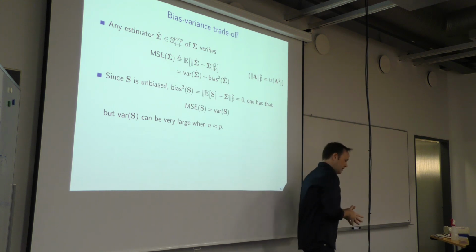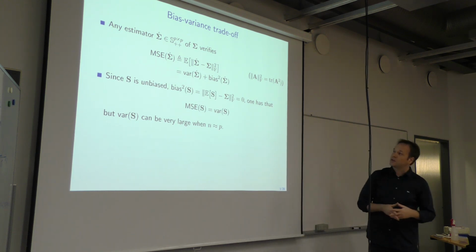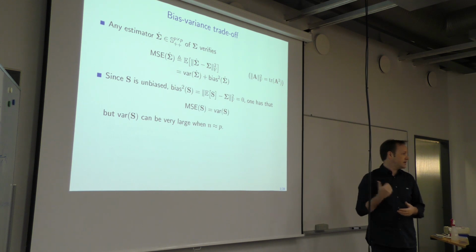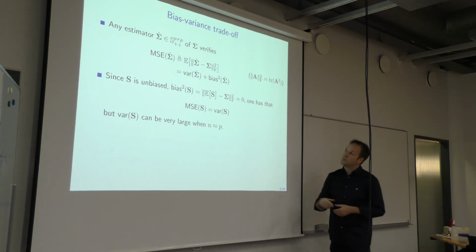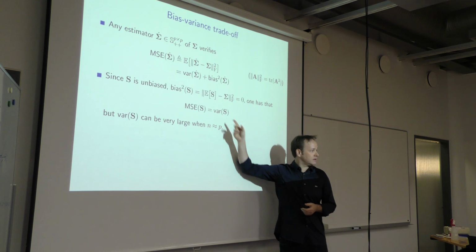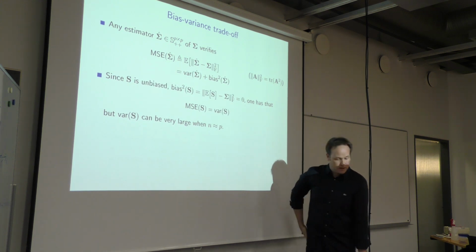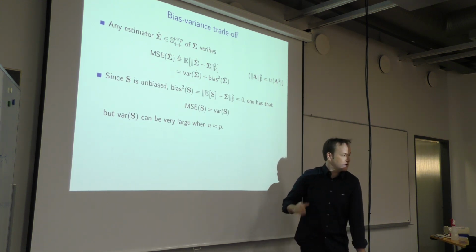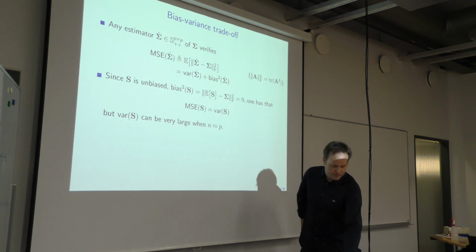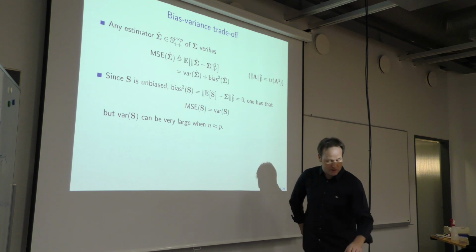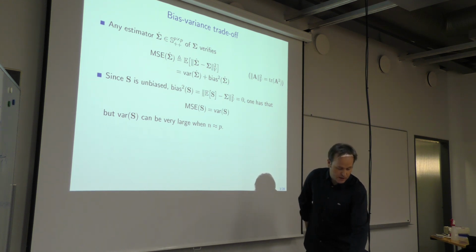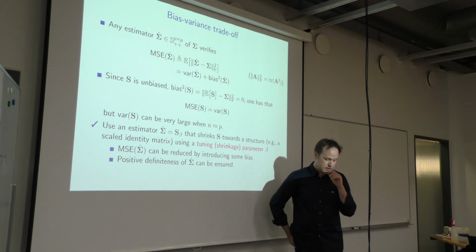A good property that we know about the sample covariance matrix is that it's unbiased. So in fact, the mean-squared error is just this variance part. But the problem is that, since n is quite similar to p, its variance is going to be very large. This is also a fact known by the Marchenko-Pastur law, that the sample covariance matrix is a very bad estimator of the true covariance in that case.